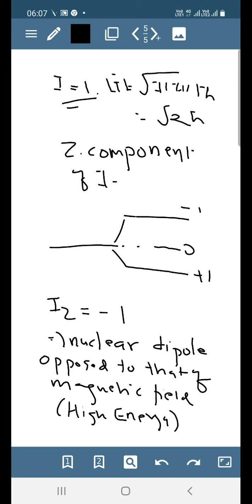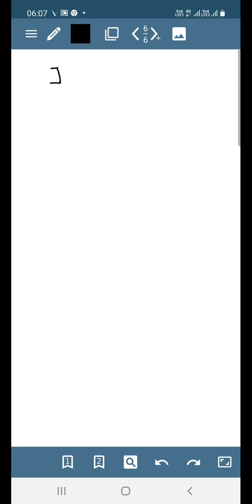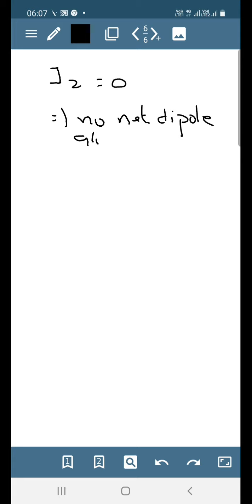And Iz equal to 0, on the other hand, means that there is no net dipole in the field direction, and therefore there is no change in energy.